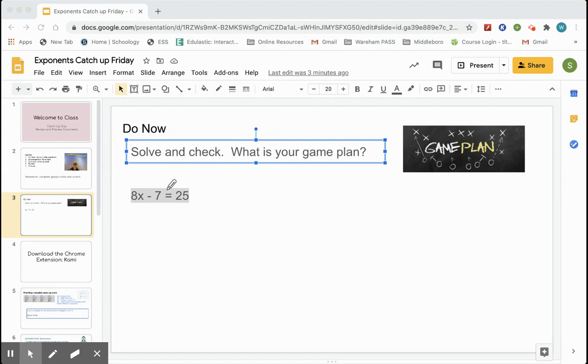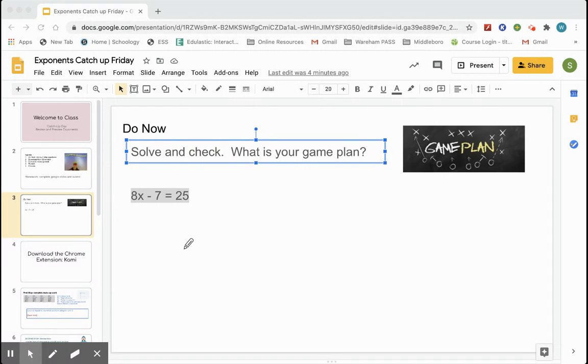So I'm going to ask you to please draw your line, because that divides the equation in half, and it reminds you whatever you do on one side of the equation, you have to do the same thing on the other side. So our game plan tells us to first add 7 to both sides of the equation. And you'll notice that I'm lining it right up under the -7, and on the right-hand side, right under the 25.